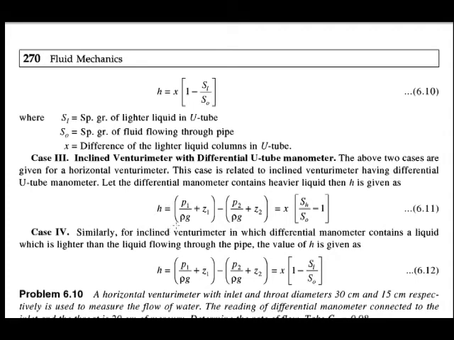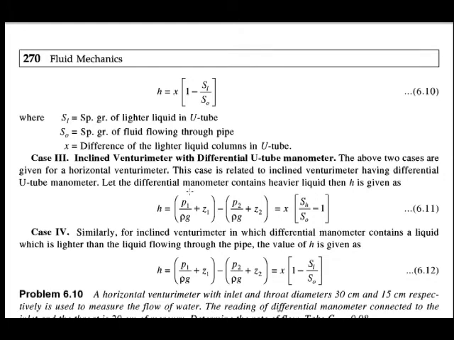h is equal to in bracket P1 upon rho g plus Z1 bracket complete minus P2 upon rho g plus Z2, equal to x in bracket Sh upon So minus 1. This is the condition where the manometer contains the heavier liquid.